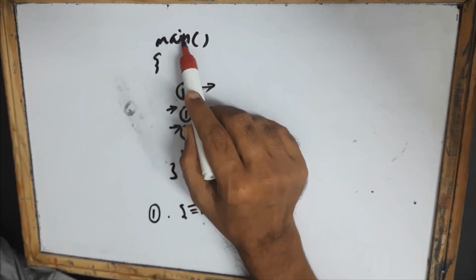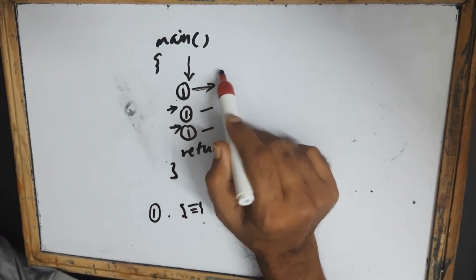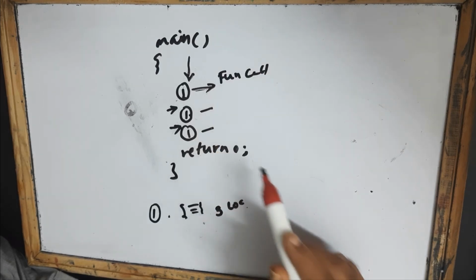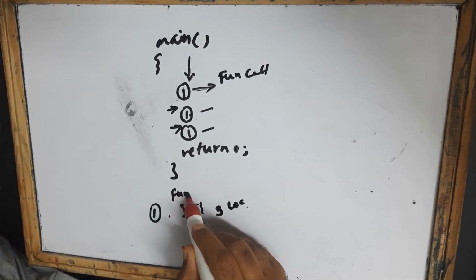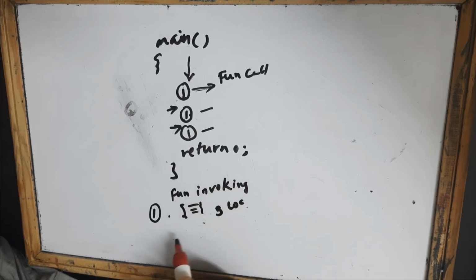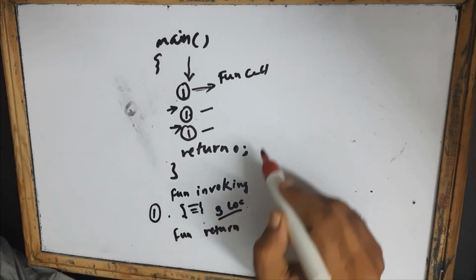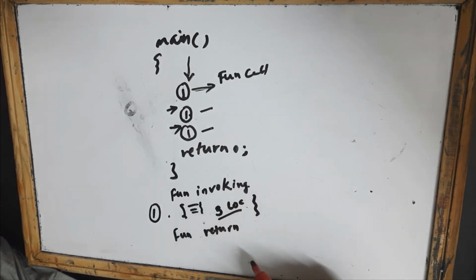Whenever the main calls function 1, it comes here: the function call, the function invoking, then the function return. Just to call 3 lines of code, there is a function call, invoking, then executing the function, then returning from here.